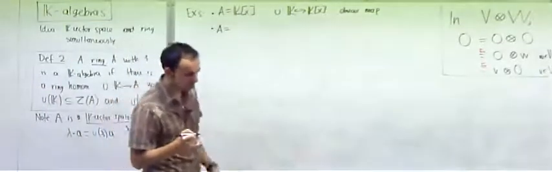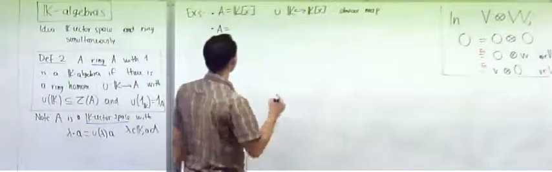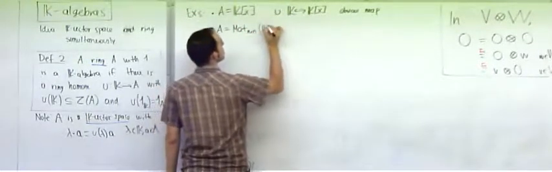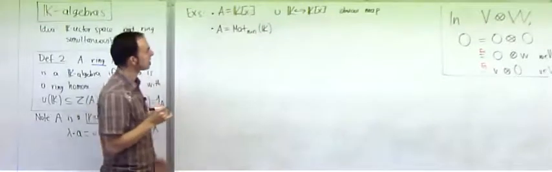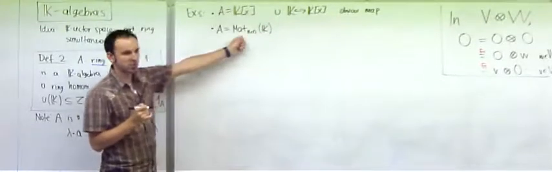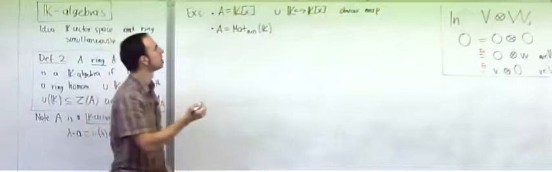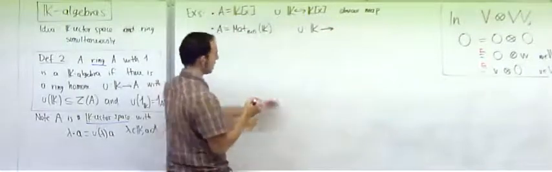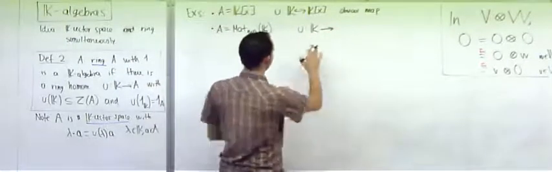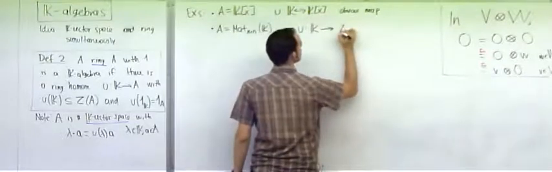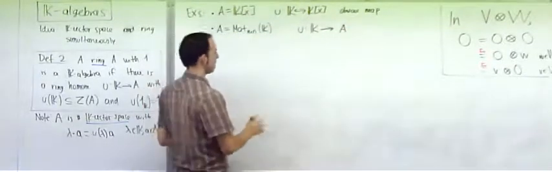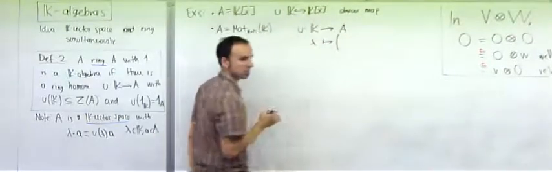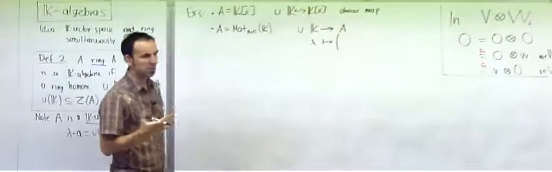But a more interesting example is if we talk about the n by n matrices. Because then K is not a subset of this, but we can embed K inside A by taking a constant and sending it to a matrix, right? We want it to be a matrix that behaves as the scalar lambda.